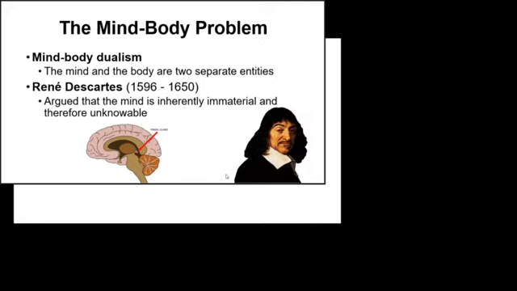And as a field that studies behavior and the mind, that's really problematic for the existence of psychology. Psychology can't exist if we can't study that whole big part of what psychology is. So dualism isn't really compatible with how we want to look at both the physical and whatever the mind happens to be.